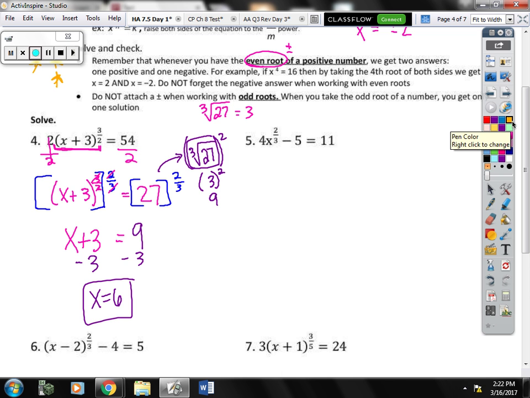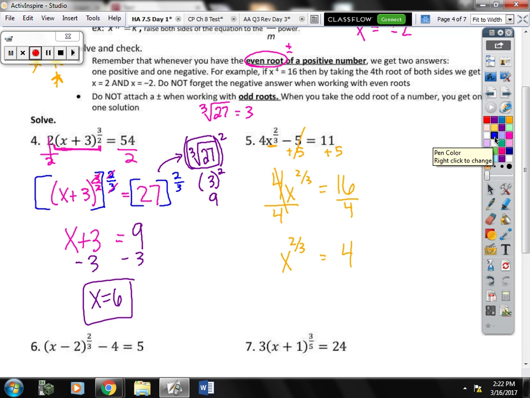So the next one, we will isolate this as x this time. We would add 5 to both sides to get 16, and we'll divide by 4. Then we raise both sides to the reciprocal power, which is our 3/2 power, to get just x equals, and off to the side, I'll do the work for this.